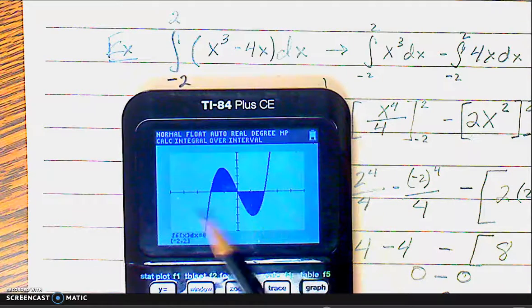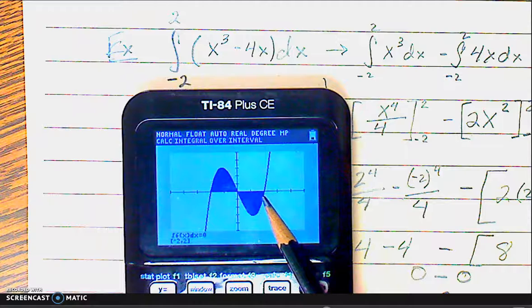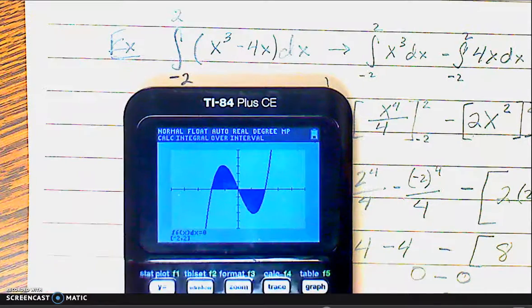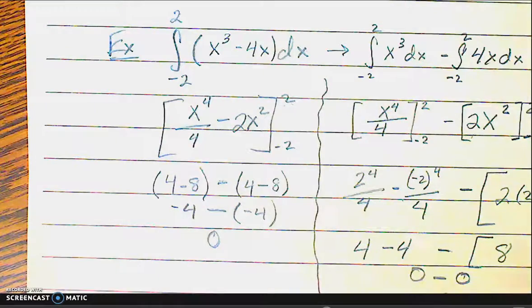The integral from negative 2 to 2 actually is a 0 net change in terms of evaluating this integral. We'll get much deeper into the applications of all this, but first we just need to understand the process of calculating these definite integrals.